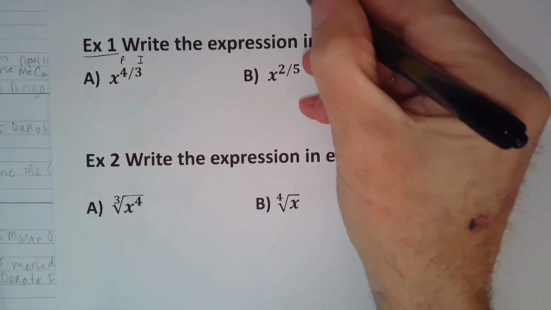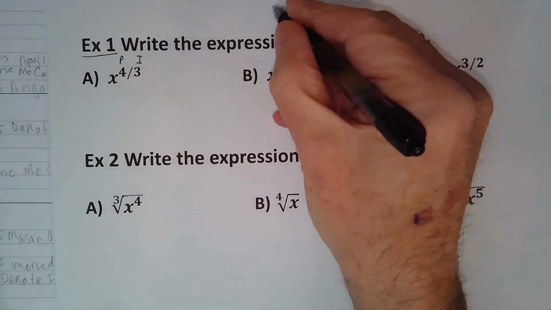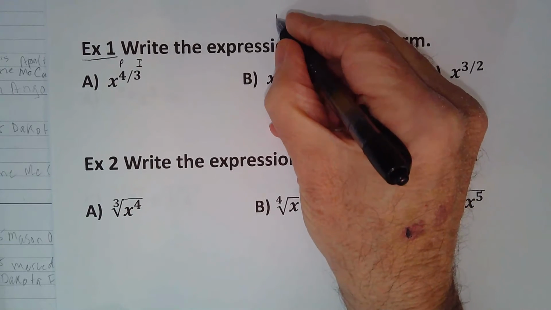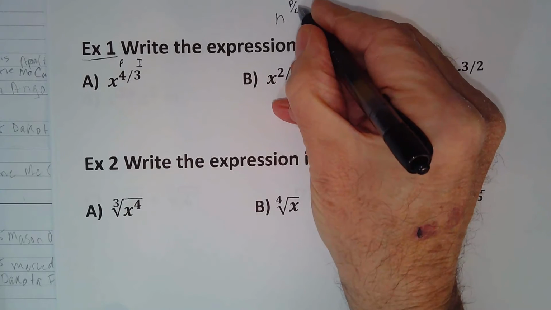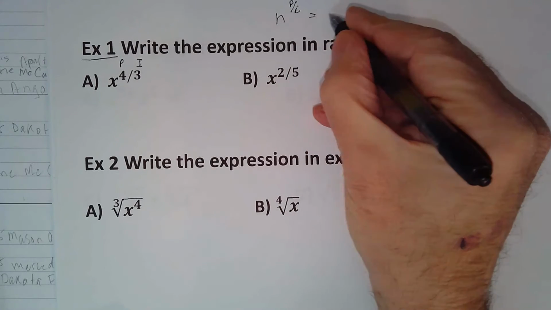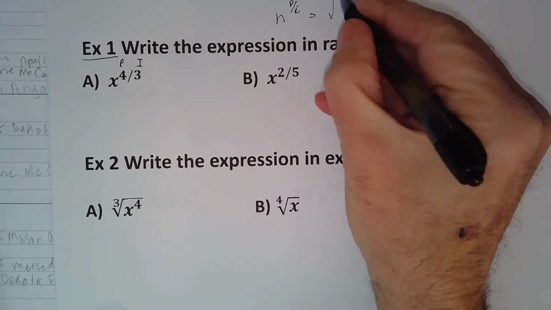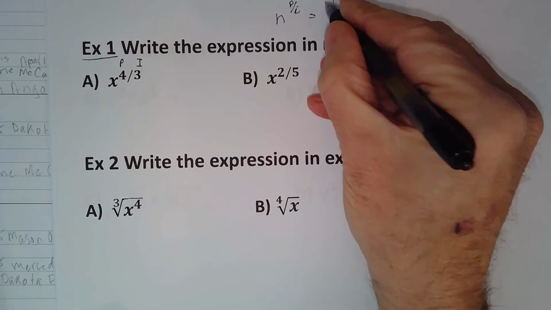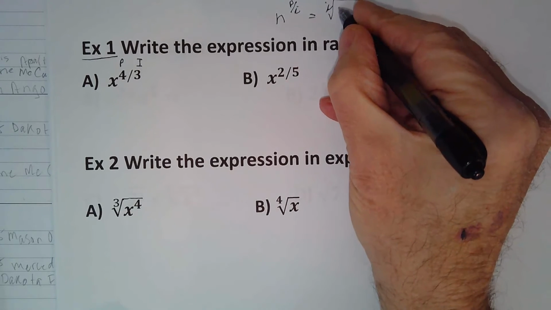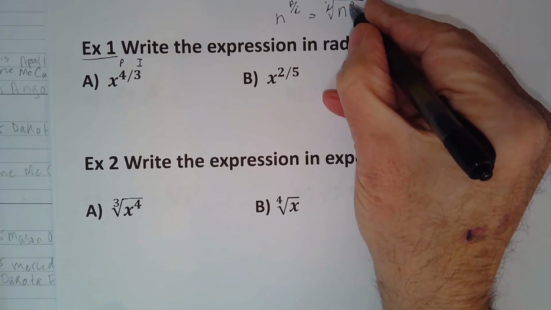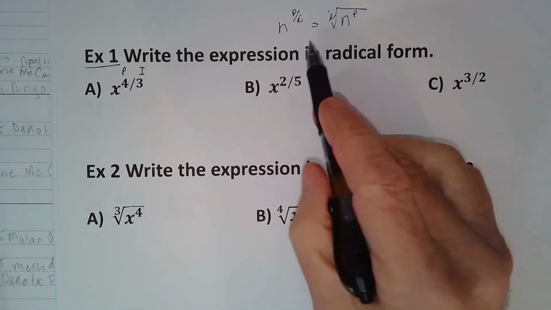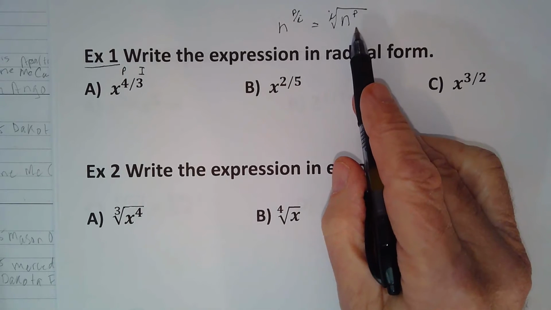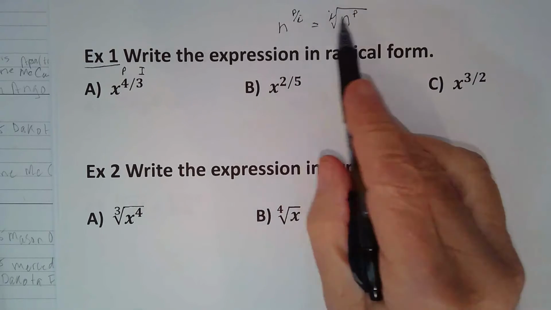And you might want to remember that n here, to the power divided by the index, equals, again, the radical with the index and some number to the power. Now we can go back and forth with this. We could switch these around. We could go from one form to the other form, or this form to that form.